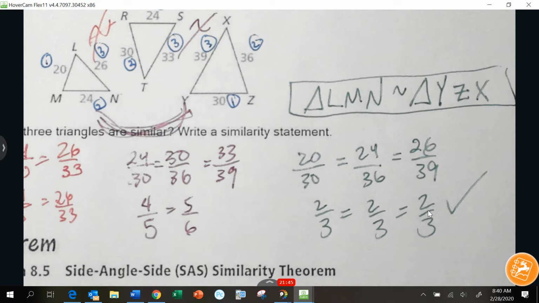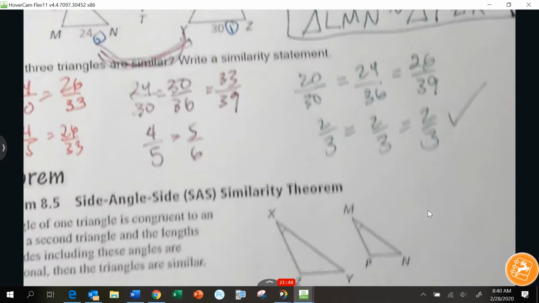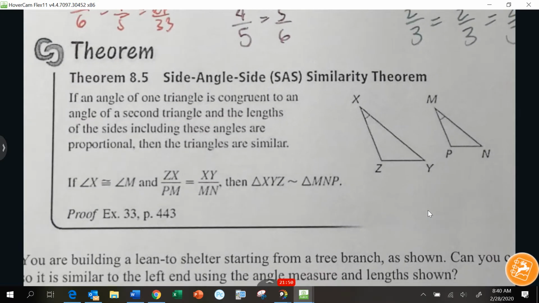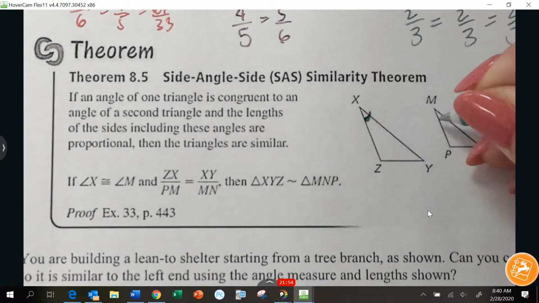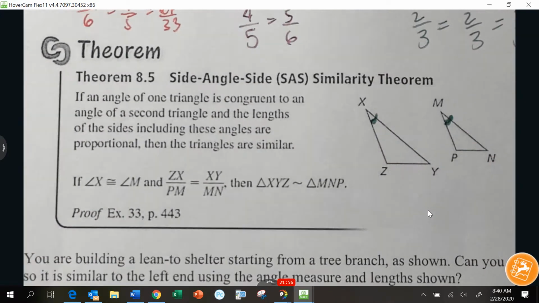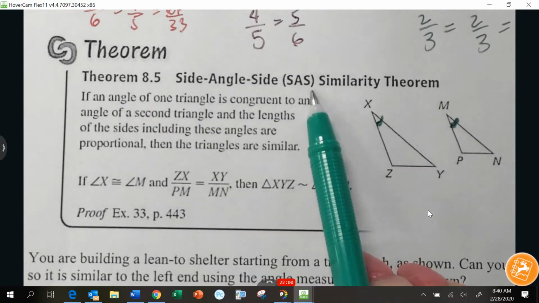All right, we have one more theorem. This last theorem is called the side angle side similarity theorem. So the angle means that we have one angle that we know is congruent. And the side around that angle means the two sides.